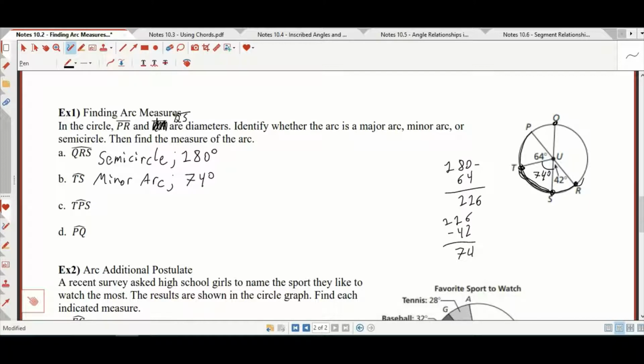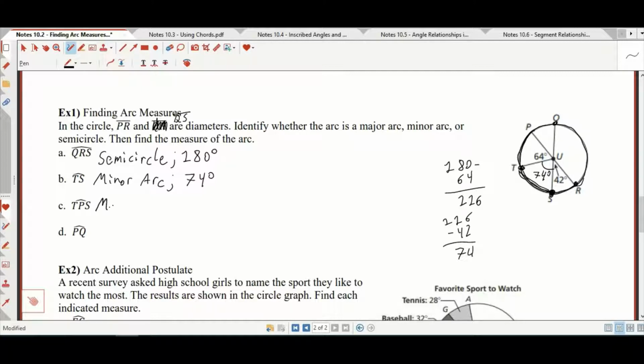TPS, T to P to S. Now look at that. That goes all the way around the circle the other way, almost, because it stops at TS. Now, the total number of degrees in a whole circle is 360, which means that this measure is 360 take away that 74.